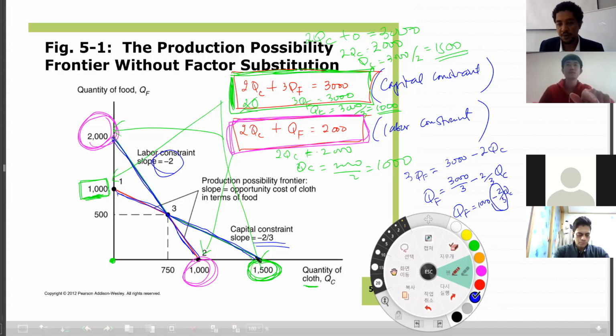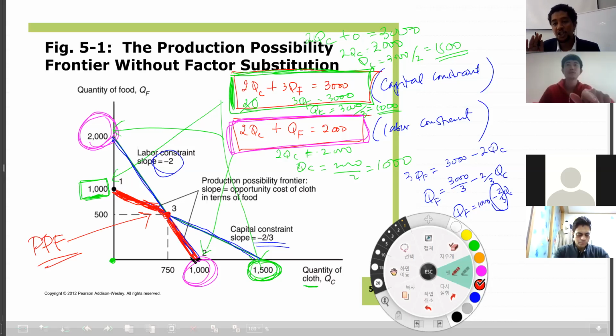And this is the capital constraint, which means if we use all the capital we have to produce either food or clothes. So this is the production possibility frontier because we draw it like this, from the labor part, and this is the point, and from this it goes down like this. This is the production possibility frontier for the two-factor production model.